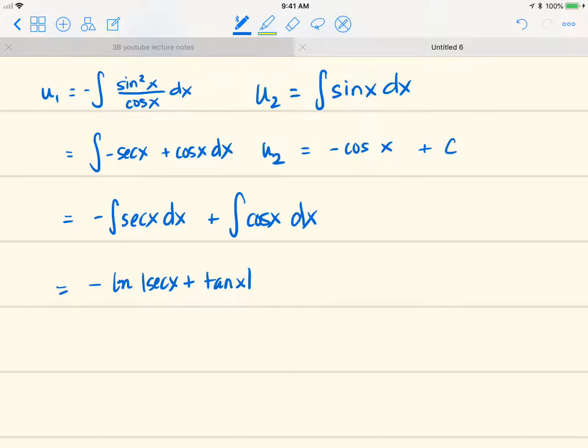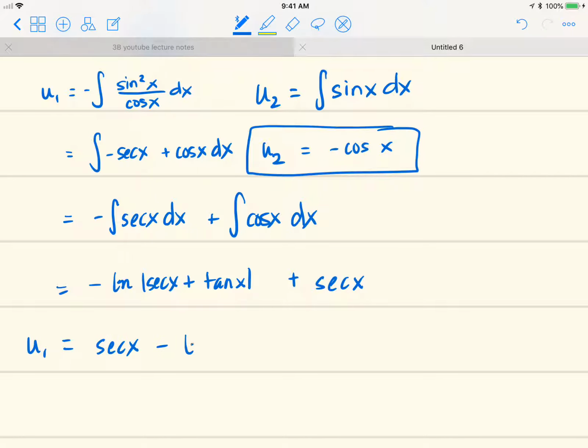So we'll put our negative in here. And then the integral of cosine x is just secant x. Okay, and again, I could say plus c, but I'm just going to let c equal 0. There's no point in even writing it because I'm looking for a particular solution. So I've got u2 is negative cosine x, and u1 is secant x minus natural log of secant x plus tan x.